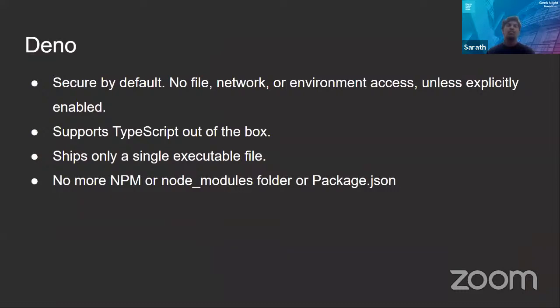And we can talk about the features that are very different from Node.js. What makes it so different? It's secure by default: no file, network, or environment access unless we explicitly enable it. For example, when we download a package from npm, we don't know whether it accesses our file system, network ports, or environment variables.